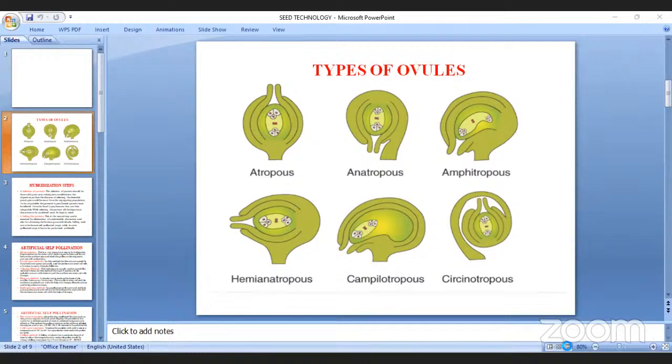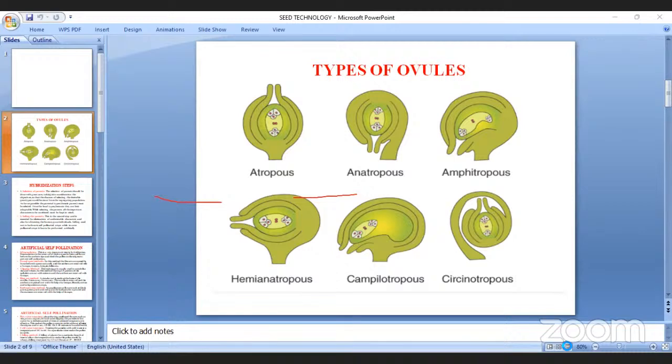So here are the given types. First, heteropous or orthotropous ovule. Second one, anatropous ovule.